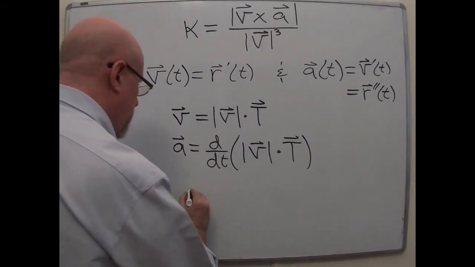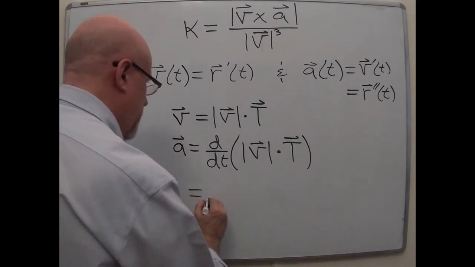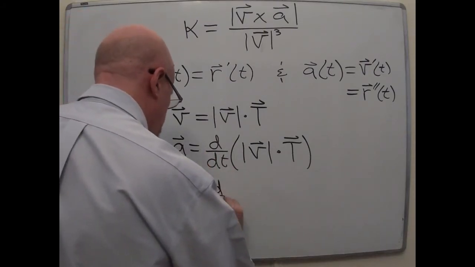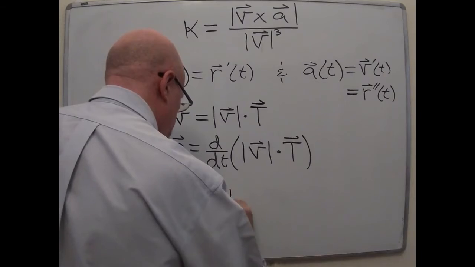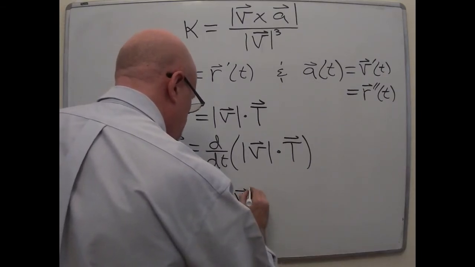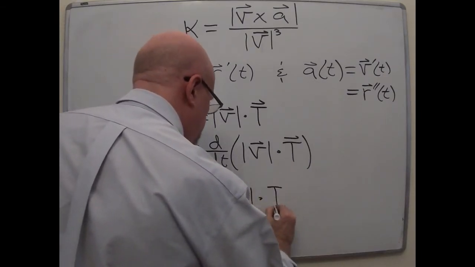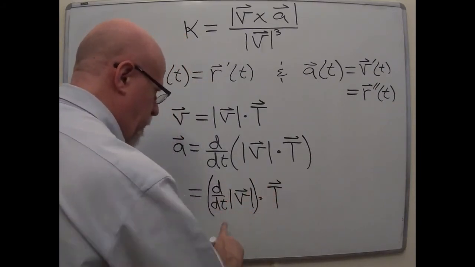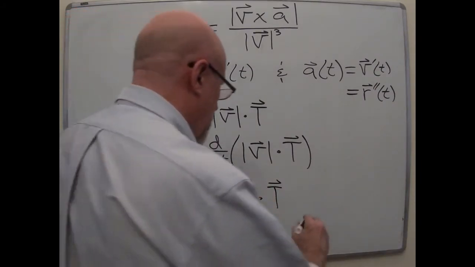So the acceleration can be re-expressed as: take the time derivative of speed, d by dt of the length of v, and times it by t. I want you to be sure that the derivative applies to that one, and that's unchanged.